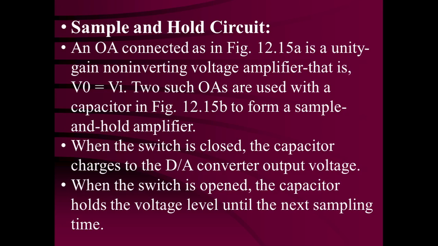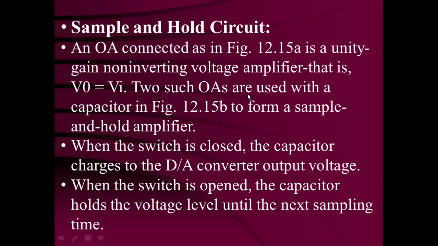If the input is given to the non-inverting terminal and it is unity gain, that means the feedback resistance is 0, and hence output voltage V0 is equal to Vi, and it is not inverted. This op-amp also provides an infinite input impedance. That is the advantage of this op-amp.